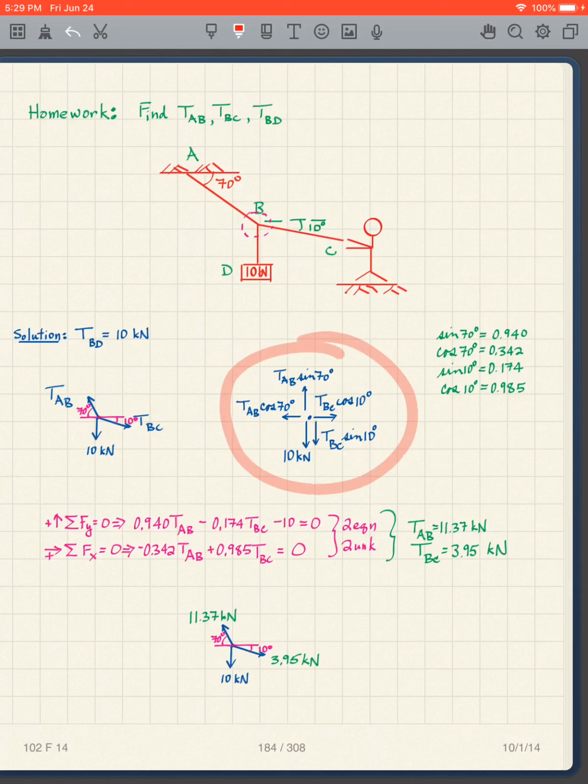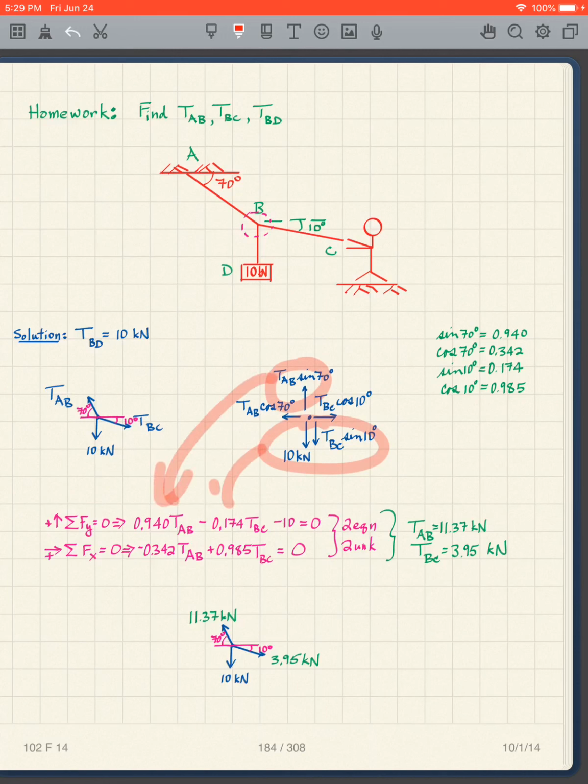So I work with this, and when I take the sum of the forces in the y direction equals 0, I use these to put into my equation. When I do the x, I use these.